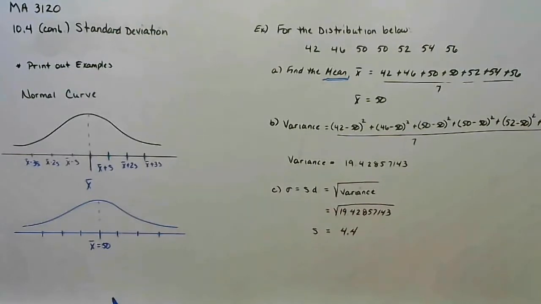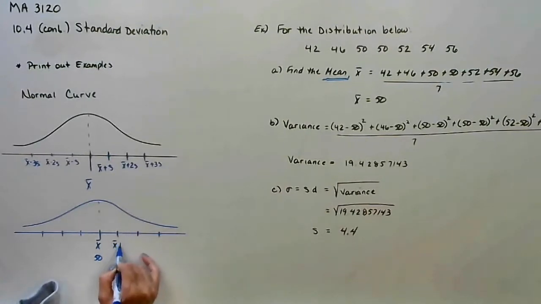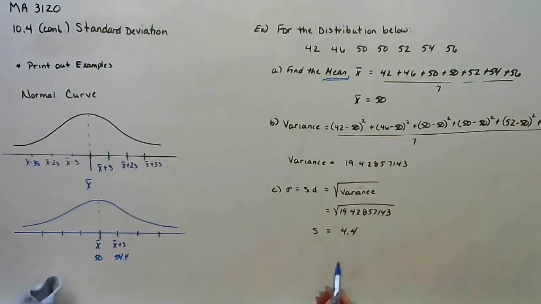I'm going to make this smaller. I'm having a rough time today. Not my smoothest lecture. So here's 50. Here's with 1 standard deviation, 54.4, because remember our standard deviation was 4.4.